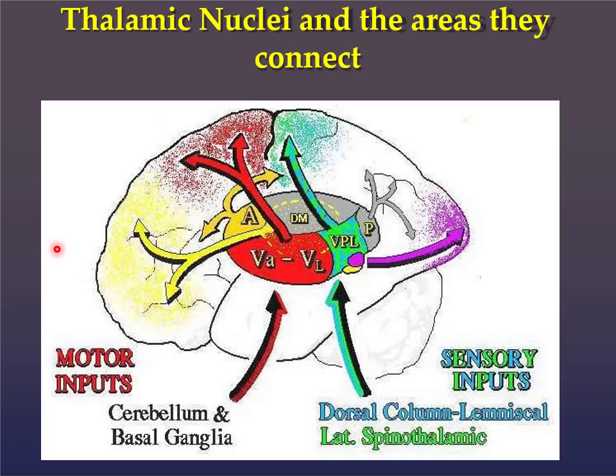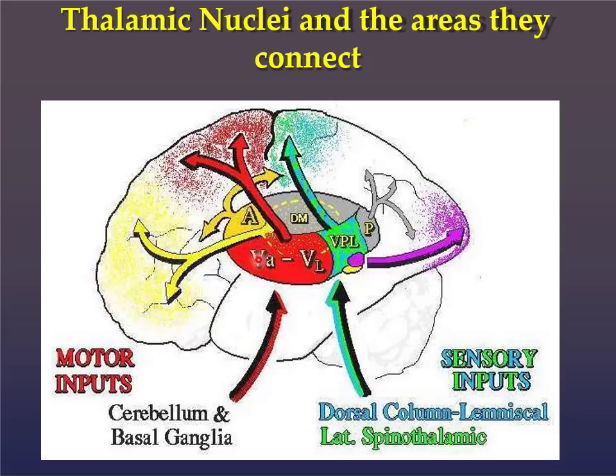Here we see a schematic drawing of the thalamus and its relationship to various inputs and outputs from the thalamus. We see from the anterior nucleus of the thalamus strong projections to the frontal cortex and some to the parietal cortex. It's heavily involved in emotional behavior.